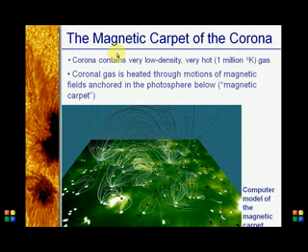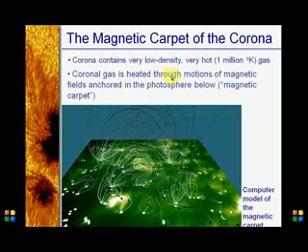Okay, the magnetic carpet of the corona. This is the mechanism that seems to be the reason for the rapid increase of the temperature to 1 million degrees Kelvin. The corona contains very low density, very hot 1 million degree gas.